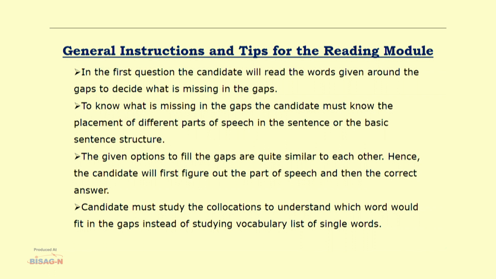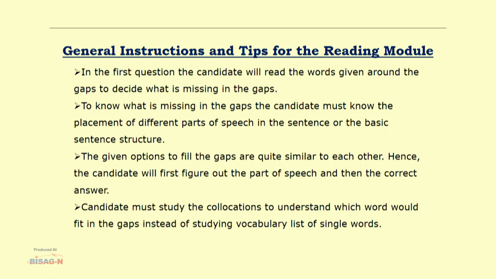It says, to know what is missing in the gaps, the candidate must know the placement of different parts of speech in the sentence. As I said, the gaps are not always predictable. When there are options given to the candidate, it is very easy to pick one option, strike the wrong ones, and fill in the correct option.